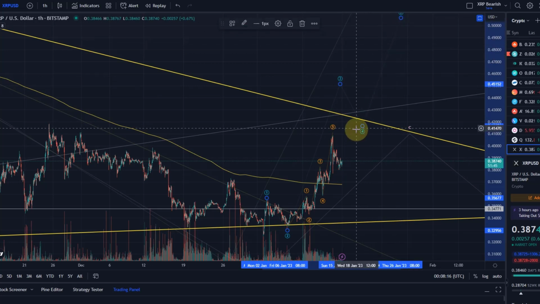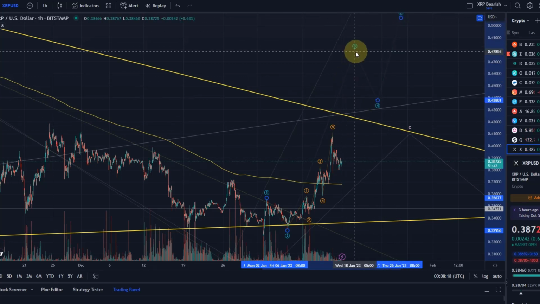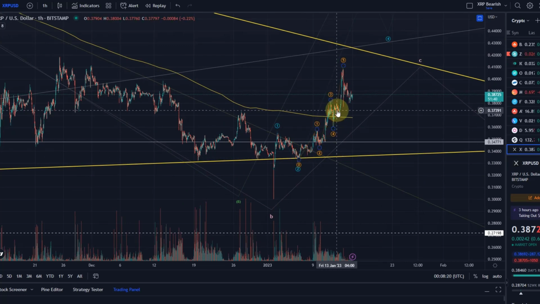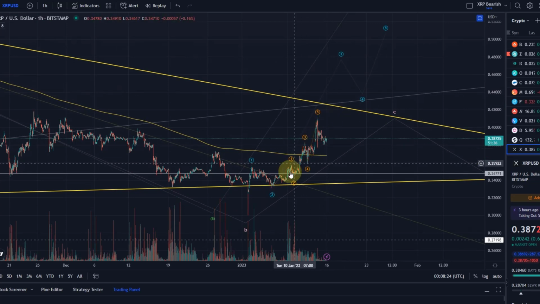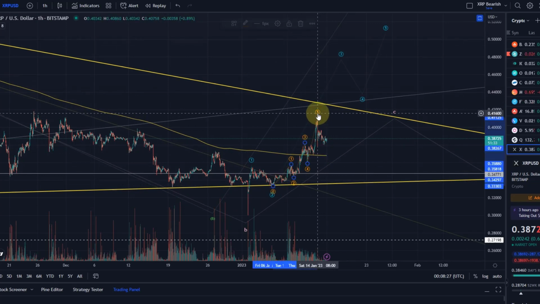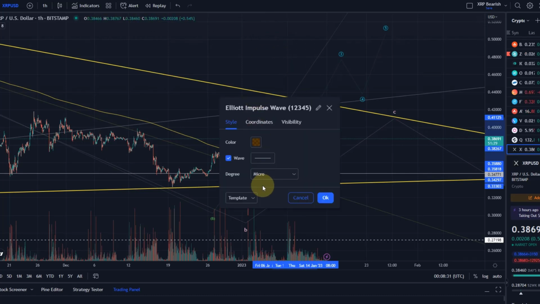This would still be, in my view, a 5-wave move here. But I would then rather view it as the completion of another 1-2 setup here. So these 5 waves are, of course, valid. They are there. They are a 5-wave move.